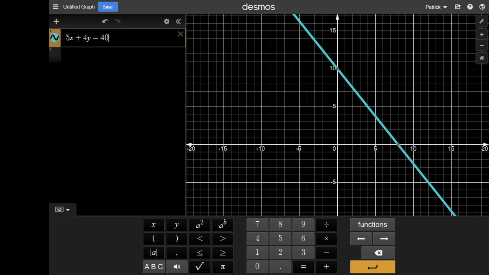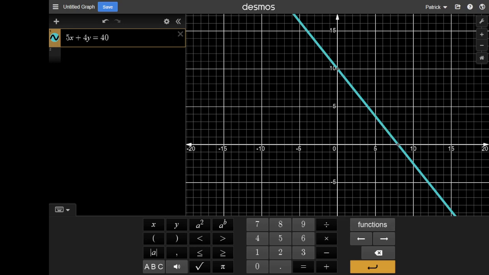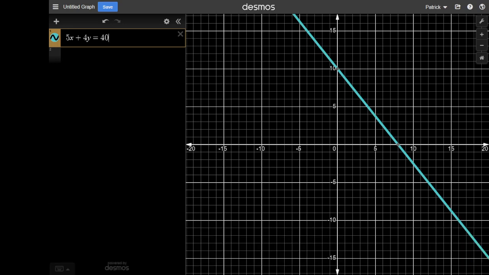It will allow you to type in square roots, the pi symbol. There's a pretty extensive library of functions here, none of which we're going to be needing in this course, but I wanted to mention that it was all there. So if you are working with this in a future course, those will probably come in handy.